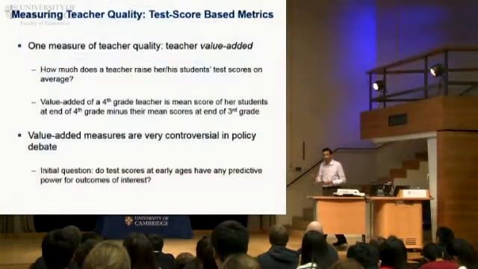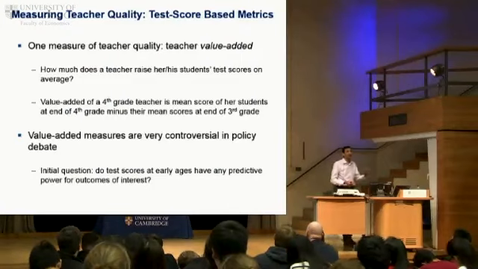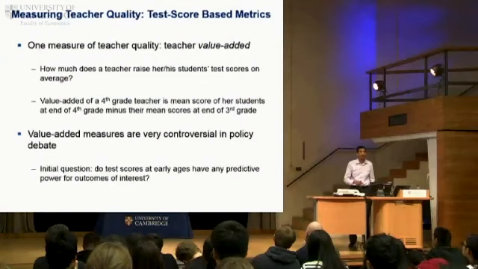So one measure that's receiving a lot of attention in the current policy debate is what are called teacher value-added measures. So the idea here, there's some complicated statistics in the background, but the idea is really very simple. It's to ask how much a teacher raises his or her students' test scores on average.